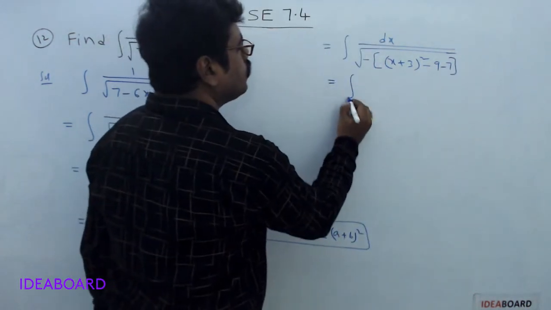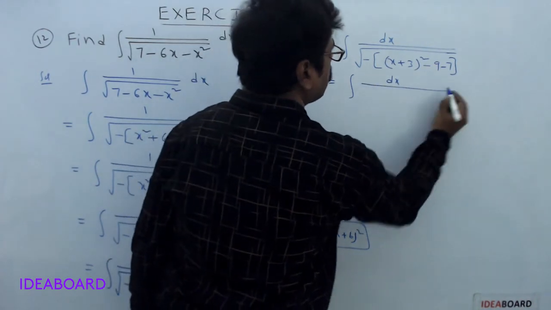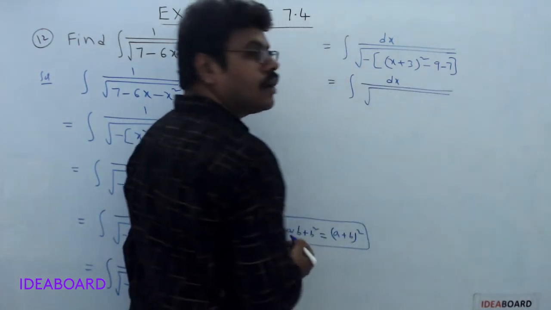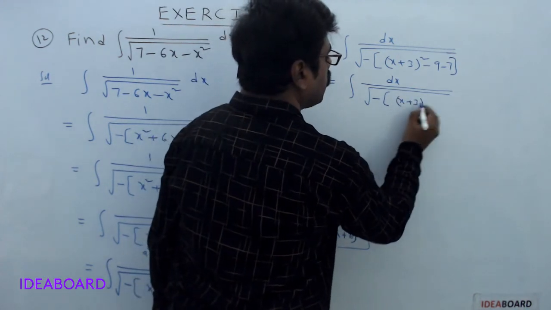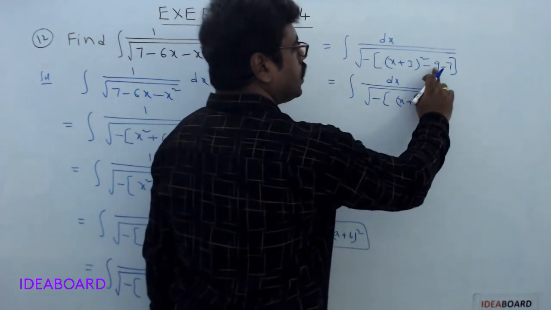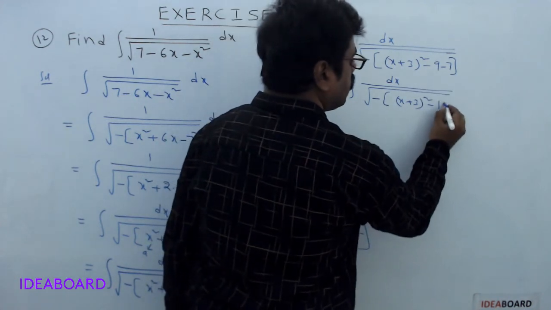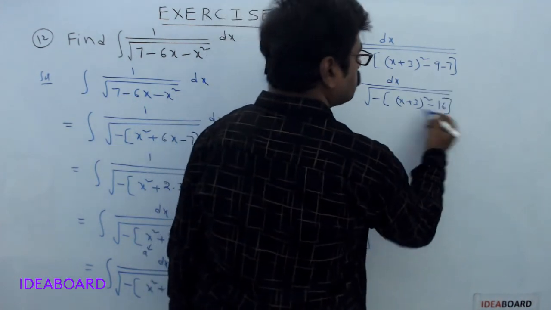Now this equals integral dx divided by square root of minus x plus 3 whole square minus, see here, minus 9 minus 7, it will be minus 16.